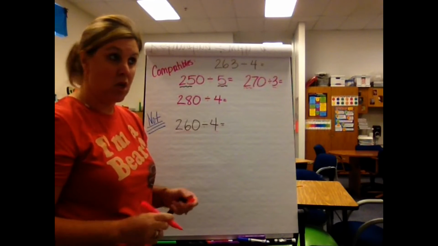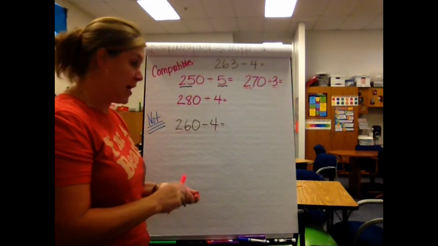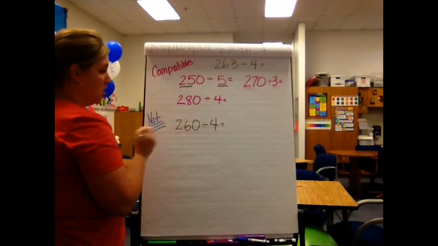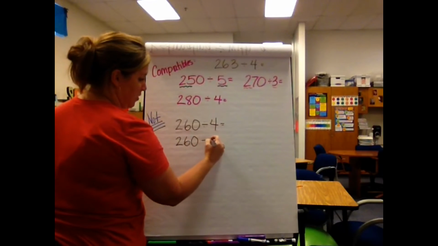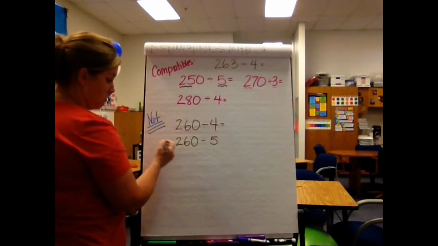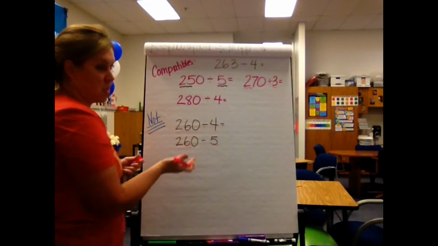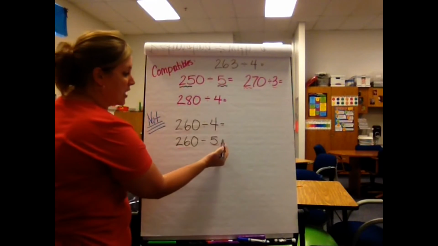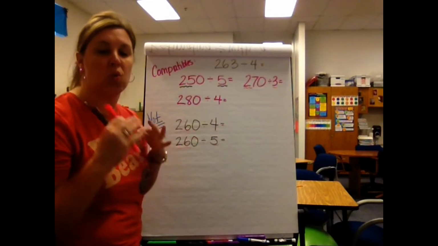The answer is no. You can do 4 times 6 is 24, 4 times 7 is 28, but not here. That is not compatible. Doing 260 divided by 5, once again, 26 is not evenly divisible by 5. So again, working with numbers that are easy to divide, that's what you're really working on.